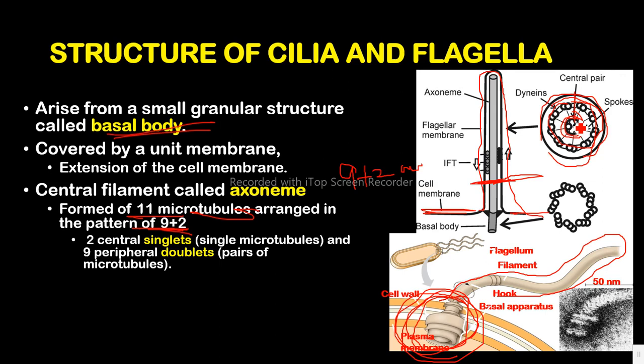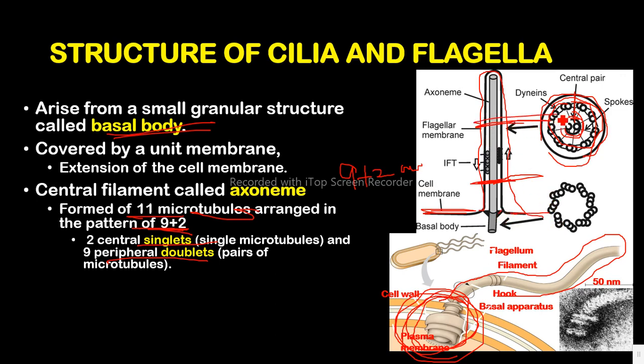There are 2 central singlets, these ones, which occur in singles, and then the 9 peripheral doublets, which occur in doubles, 9 doubles of microtubules that span. Now this is a cross-sectional area.